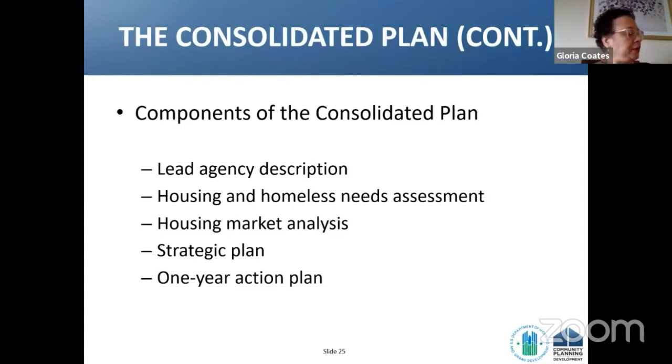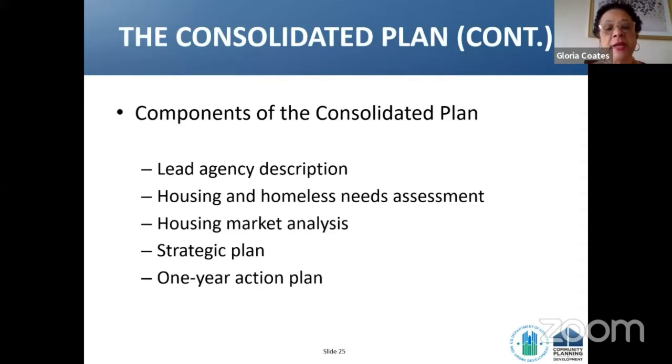Okay, this is basic information, talks about what makes up your consolidated plan. The strategic plan is the most important, well, I'm going to say the most important, but it's very important because it's where you're going to decide what you're going to do over the 3 to 5 year period. Now, most grantees have a 5-year consolidated plan. I do not know any that have a 3, so for the purposes of this, we'll just presume that they're all 5 years.